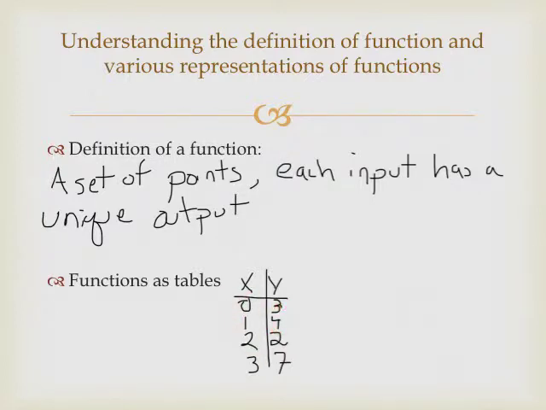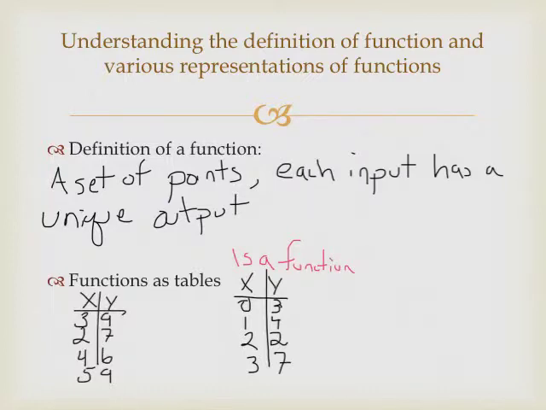Now, the main misconception, so we'll say this is a function. The main misconception would come from a table like this, where if I said I had 3, 9, 2, 7, 4, 6, and then 5, 9.